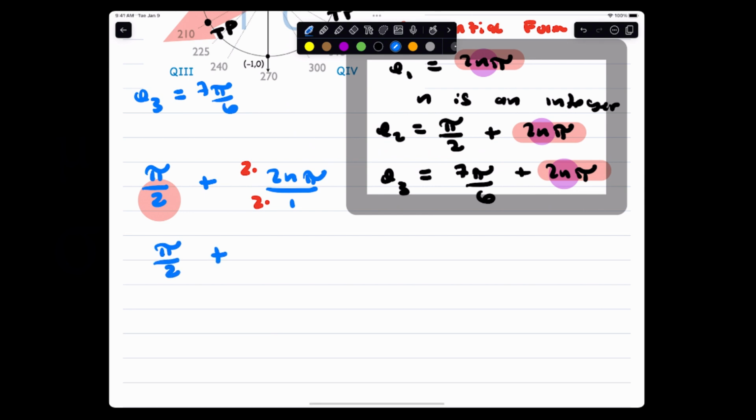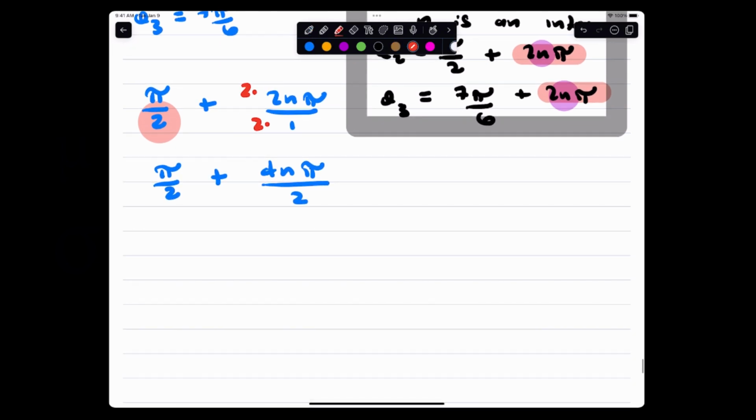Pi over 2 plus 4n pi over 2. Pi over 2, pi over 2. Factor that out just like before. Put your 1 there. You guys okay with that? Pi over 2, 1 plus 4n.